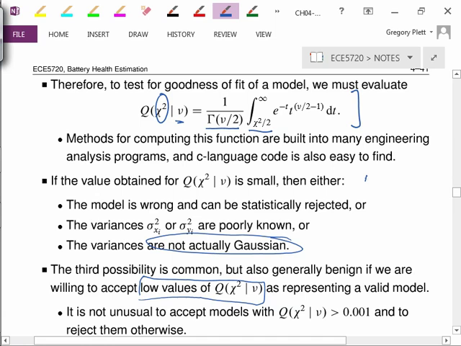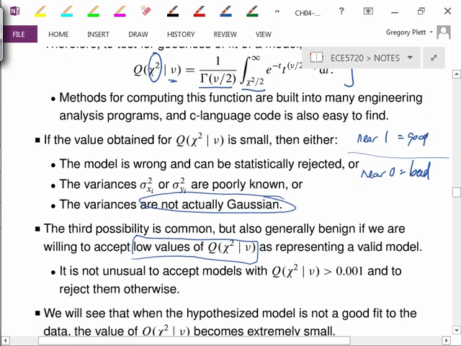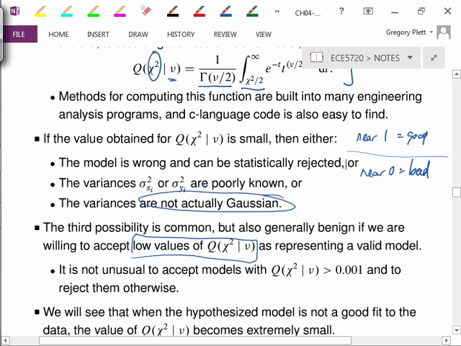You think of, oh, okay, near 1 equals good, and near 0 equals bad. Well, what does near mean? What's my threshold? And you might say, oh, my threshold is 50%. I want it to at least be half likely to be good. Or you might be a purist and say, oh, my threshold is 99%. I want to be really sure that it's good. It turns out that in practice, as long as you're above something like 0.001, you're going to be good.